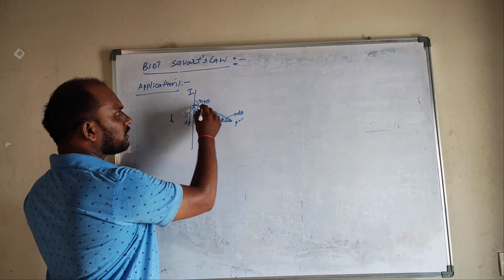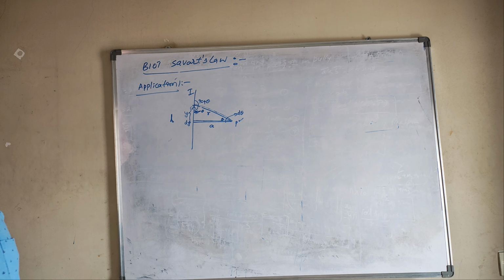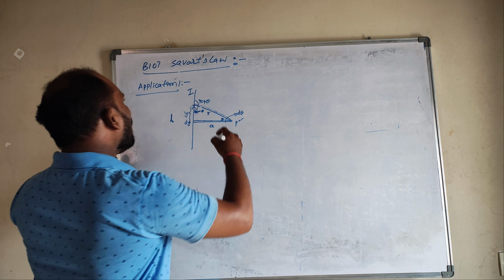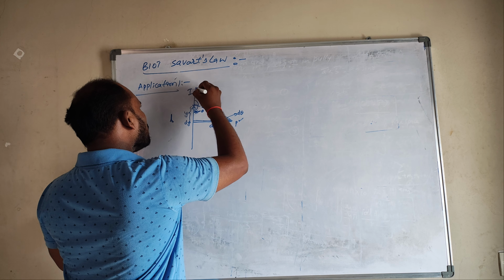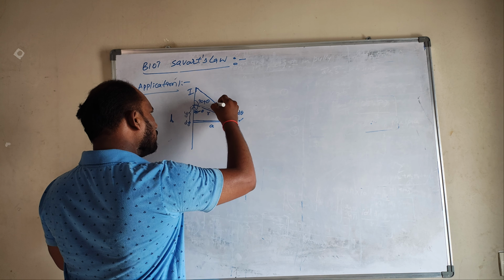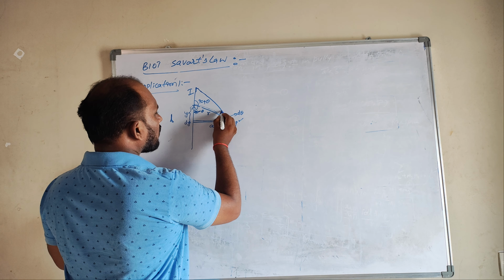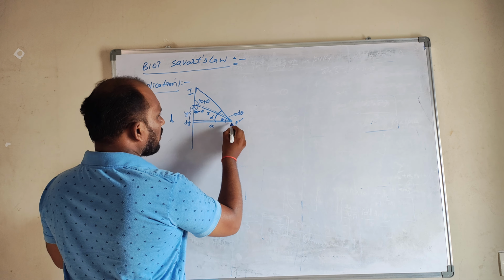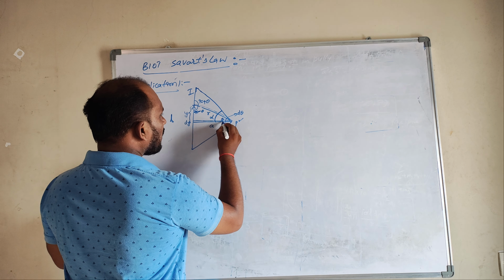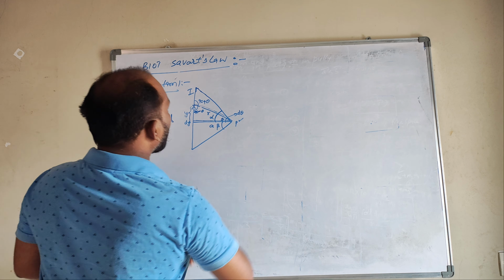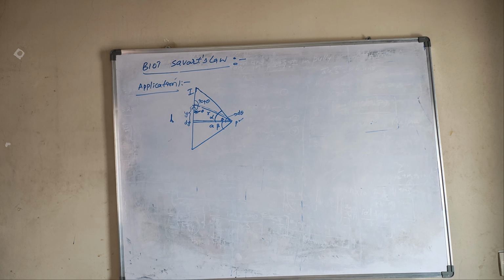Now I want to find the angle here. So the total angle is alpha, and here also the total angle is beta.